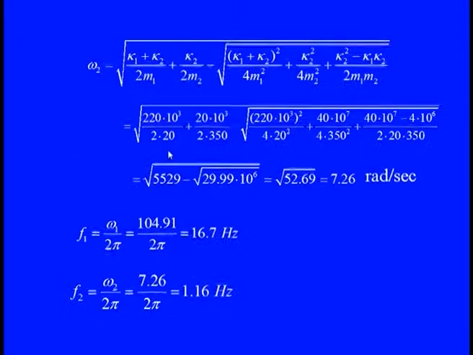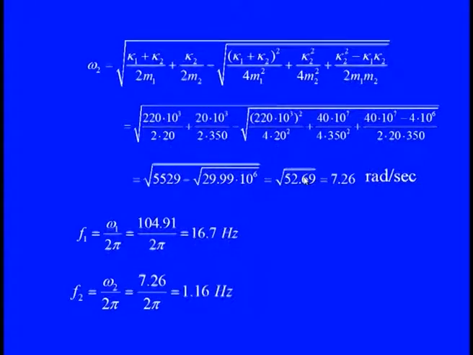Similarly, we can get omega 2, because it is a 2 degree of freedom system. So again it is there along with k2 and k1. We can simply put those values because k1, k2 are given to us and m1, m2 are there with us. So we can calculate omega 2 as 7.26 radian per second. So these are the excitation frequencies for the wheel and for the body mass.